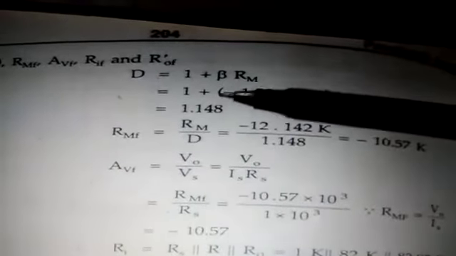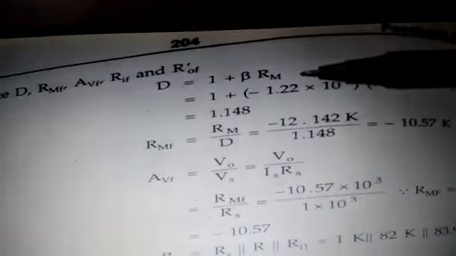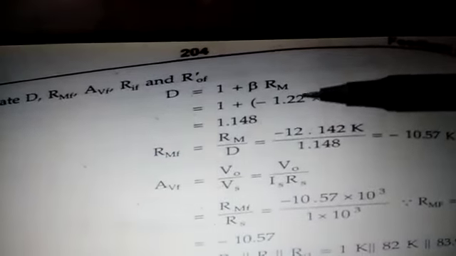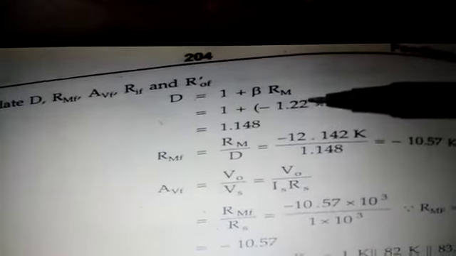D factor is given by, for negative feedback, always 1 plus A beta. In place of A, we have taken here already Rm. Since it is a current shunt feedback, in place of this we have considered Rm. It is not a resistance, sorry.